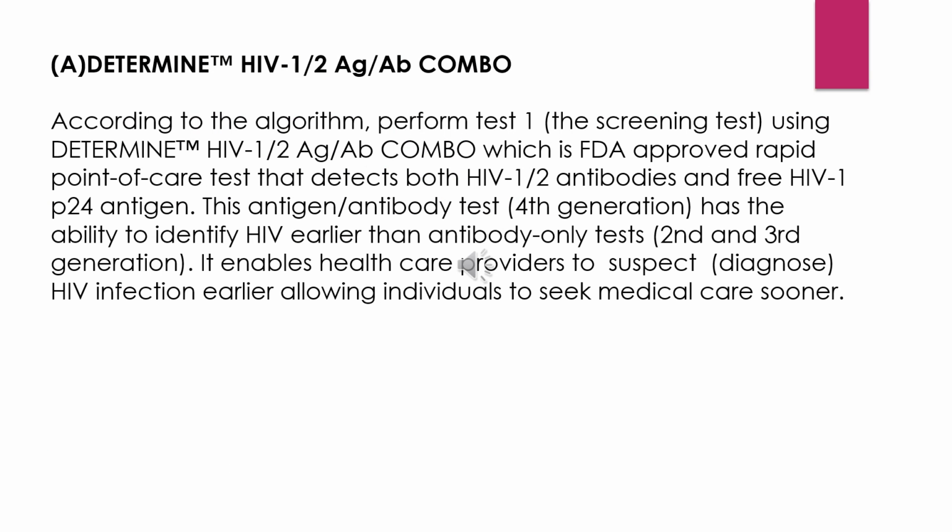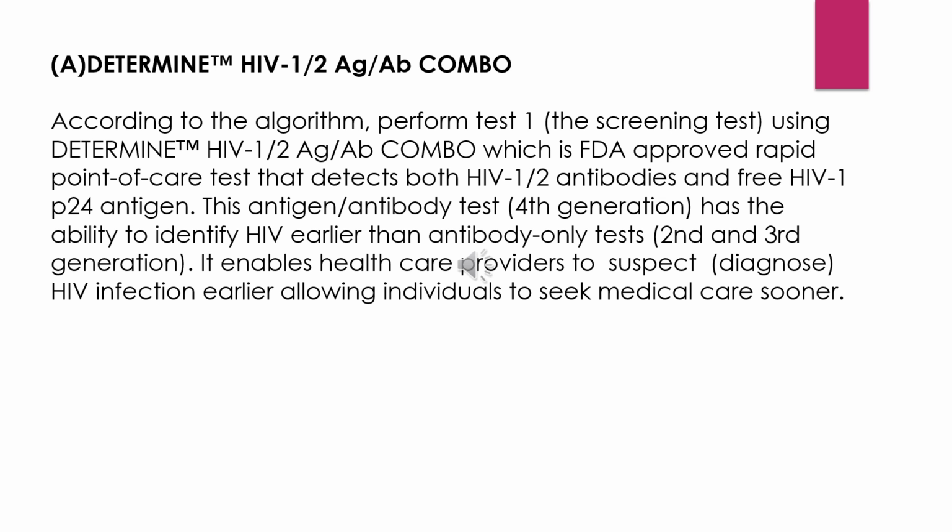According to the WHO's algorithm, the HIV-1/2 Abbott Determine combo test is the first test which is done to screen the cases on the basis of suspicion of HIV infection or due to all other factors for which the client is referred for HIV testing. This is a combo test which is FDA approved and a rapid point-of-care test.